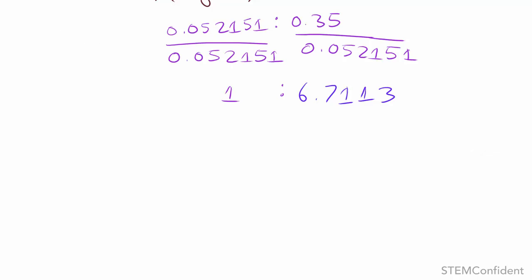So we want to round this to the nearest integer to achieve that. In this case, the nearest integer is 7, so we need to round it up to 7. So the ratio of the MgCl₂ to the H₂O is approximately 1 to 7, okay? And therefore, we can say that x is equal to 7.